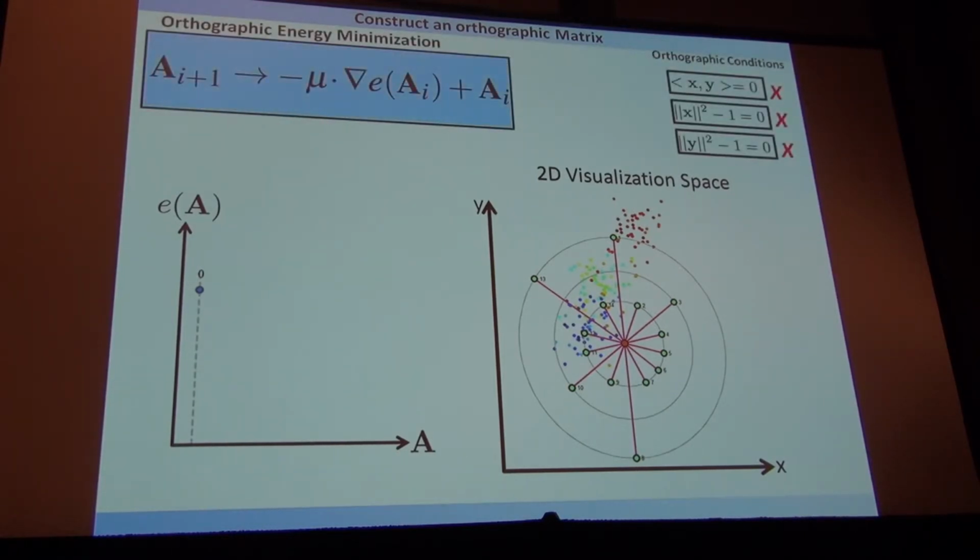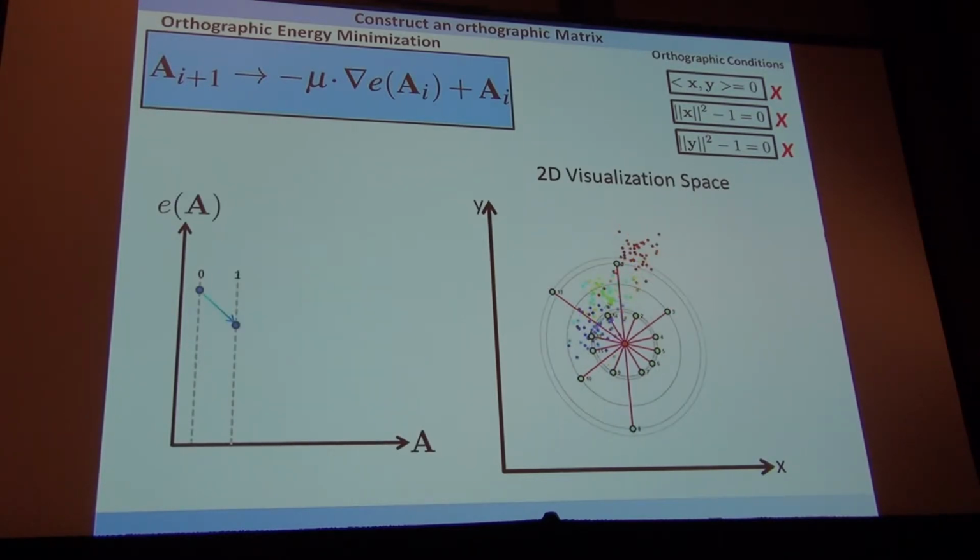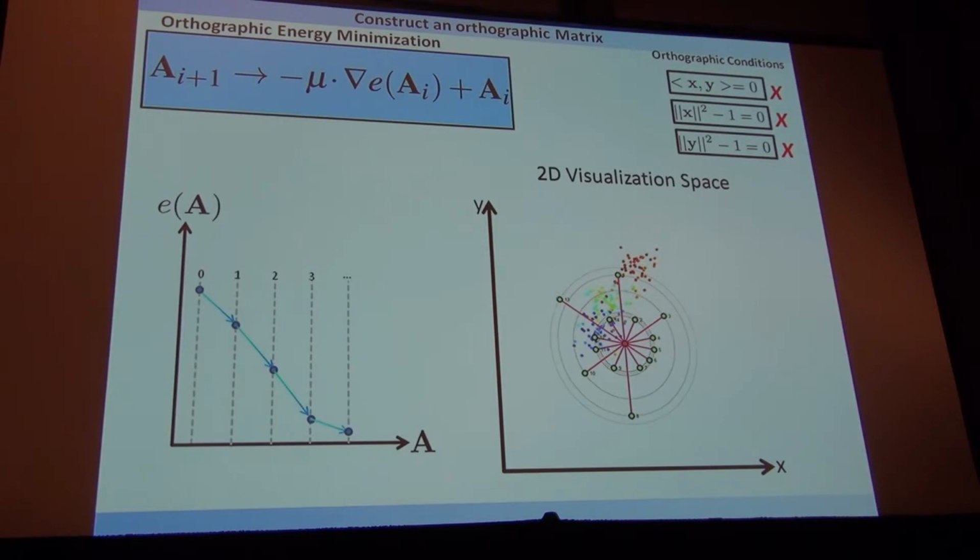The first approach is an energy minimization of the orthographic energy E. For this we consider an arbitrary configuration that does not fulfill the orthographic conditions, with its related energy E. The successor matrix which minimizes this energy is given via an Euler step based on the gradient of the energy and on the predecessor matrix. And when this series converges, then we get orthographic star coordinates.